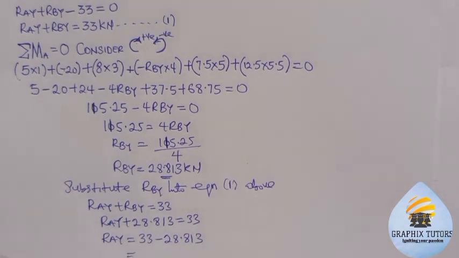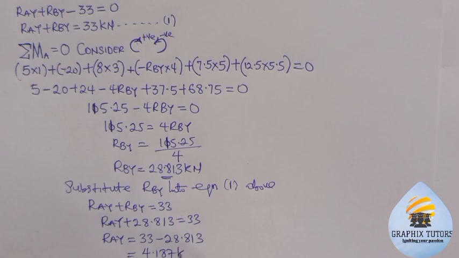And if you subtract 33 minus 28.813, that will give me 4.187 kilonewton, right?